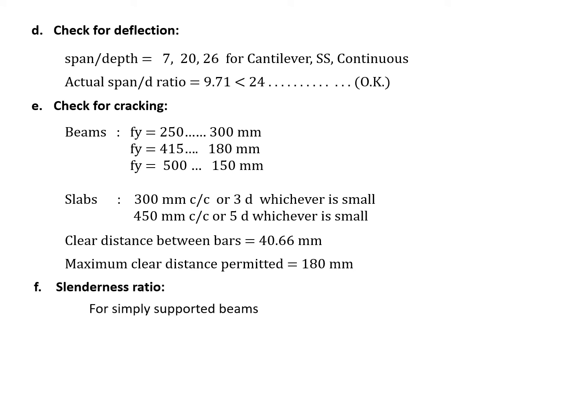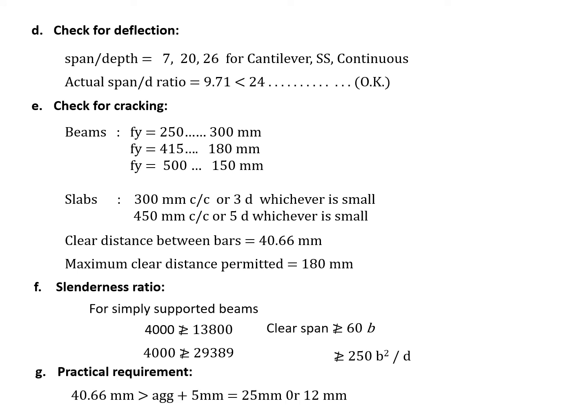Then slenderness ratio. See, for simply supported beams, clear span should not be greater than 60B, which is so here, and also it should not be greater than 250 B square by D. So both are satisfied, so you have shown the slenderness ratio.